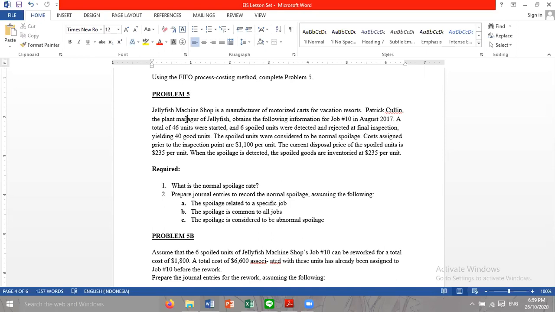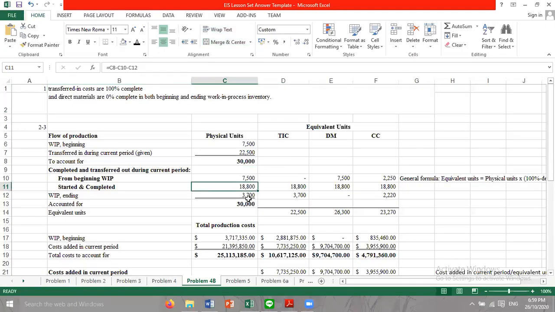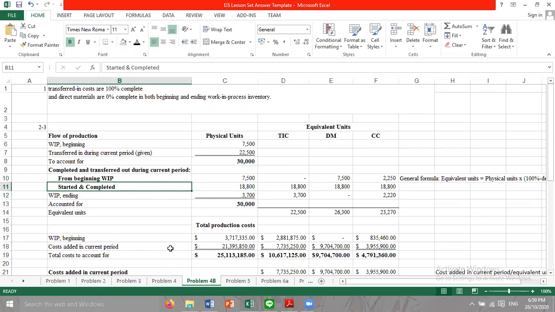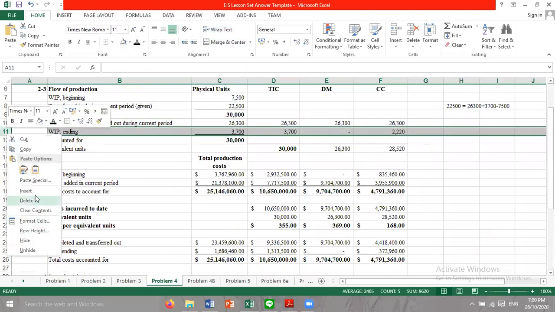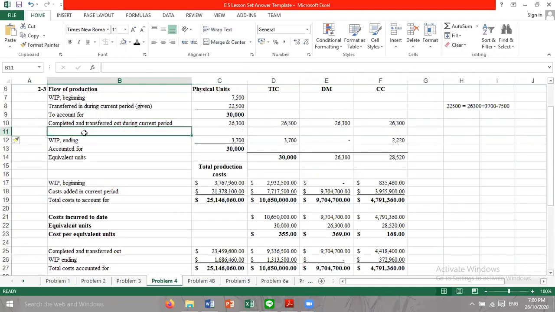All right. So we need to know how to account for spoilage in both process costing and job costing. For process costing, the simplest way to explain, since there's practically no theory, is that we'll be allocating normal and abnormal spoilage in the table as well. So let's say for weighted average here, aside from completed and transferred out during the current period, we will also have to calculate the equivalent units of normal spoilage.